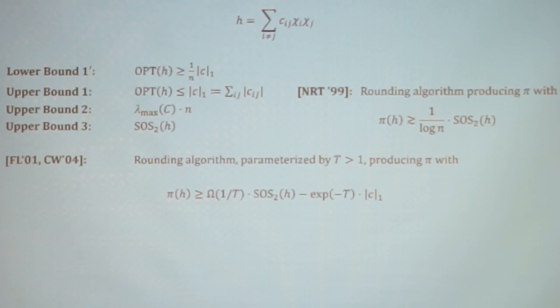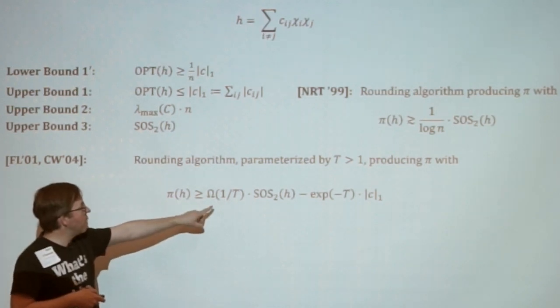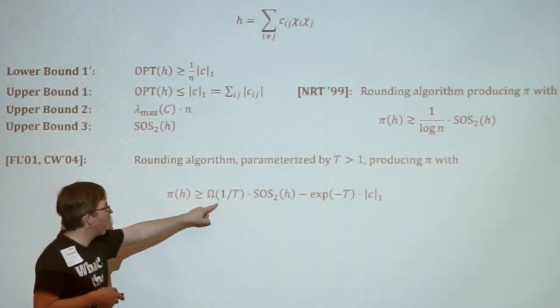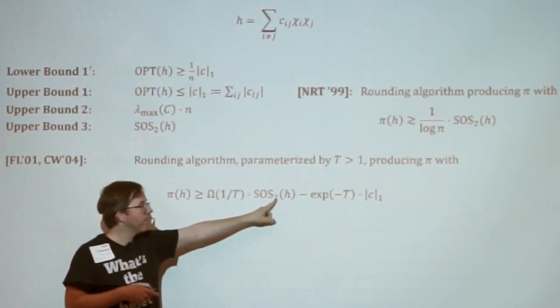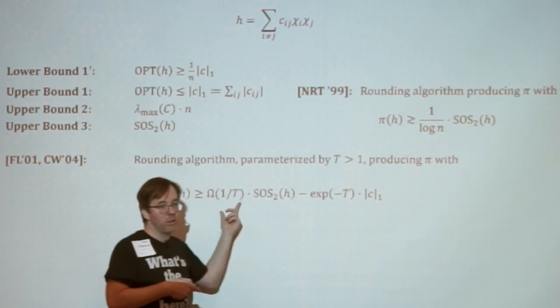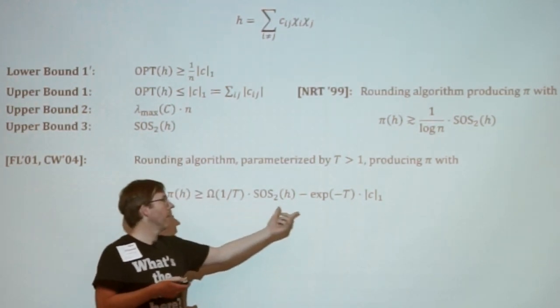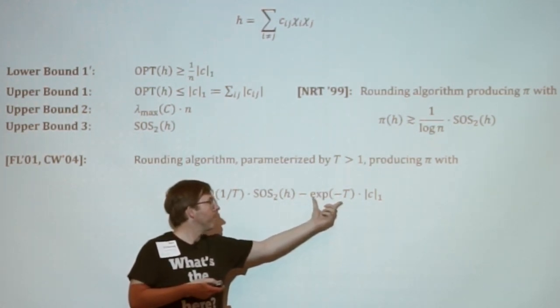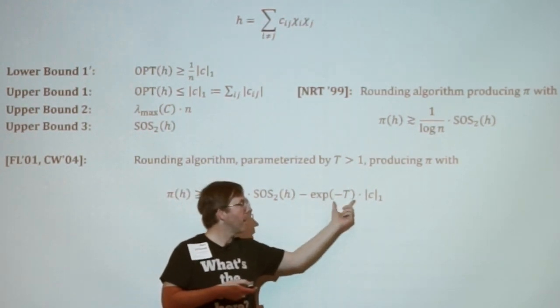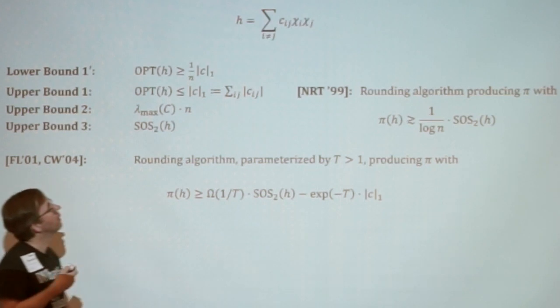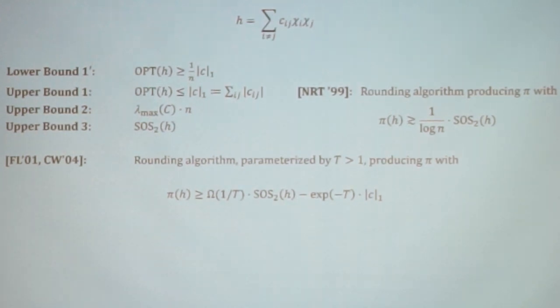It's a lot of symbols. It's basically whatever t you choose, you get an assignment whose value is a 1 over t fraction of the optimal SOS value. Except there's an error. That looks good. You're like, I will choose t to be 1. But there's an error that could be as large as this. So the error gets smaller the bigger t is. And it's multiplied against this naive upper bound, the sum of the absolute values of the coefficients.